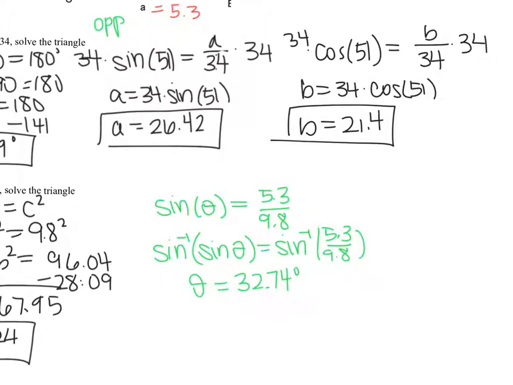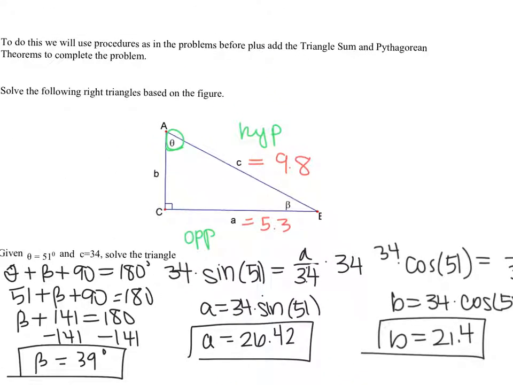Now I want to solve for beta. I could use the triangle sum theorem, but very similar to how in the last example we didn't want to use the Pythagorean theorem when we rounded for a, we want to do the same thing here. Because we rounded to find theta, we don't want to round again when we find beta. So if we go back up to our picture, and we're now solving for beta, 5.3 is now the adjacent side, c is still the hypotenuse. So when I set up the trig ratio, I'm going to use cosine.